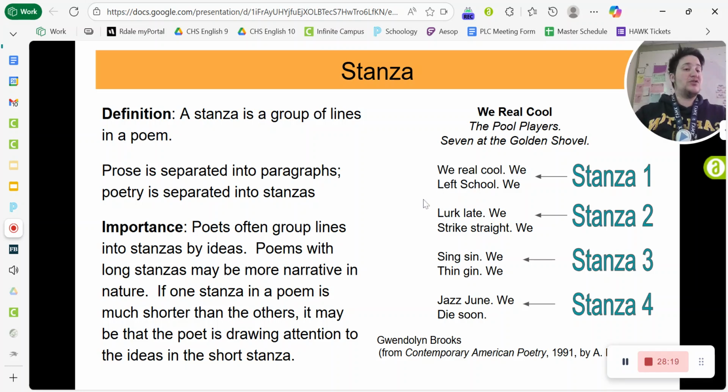And the gap shows us that we're starting a new stanza. Just like in an essay, you would put a line break and a paragraph indent to show a new paragraph. So stanzas are important because they group things together, again, similar to paragraphs, and they let us see where the poet wants our attention to be. We'll come back to that in a little bit.